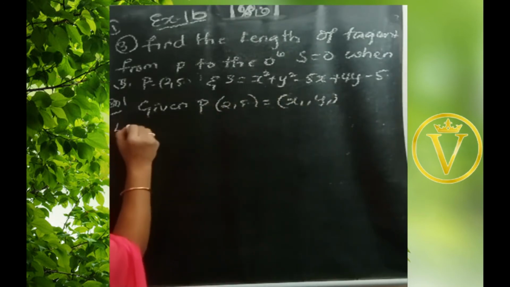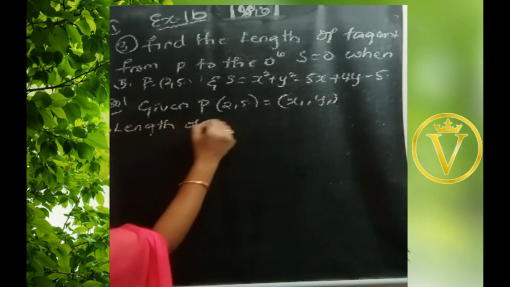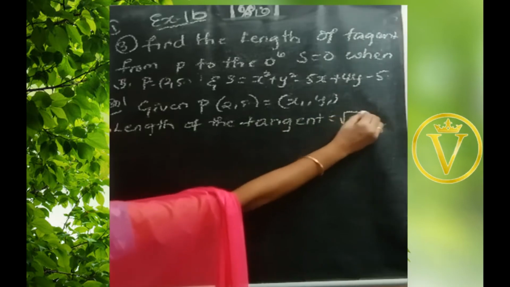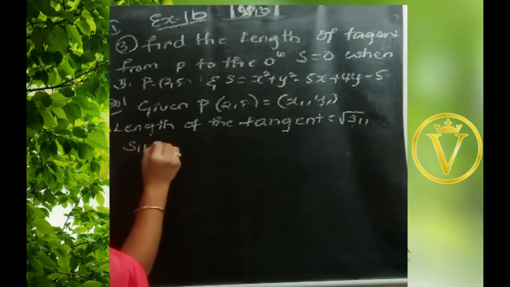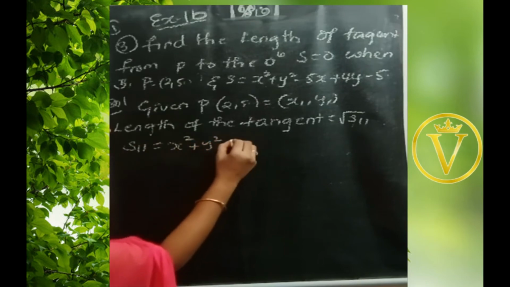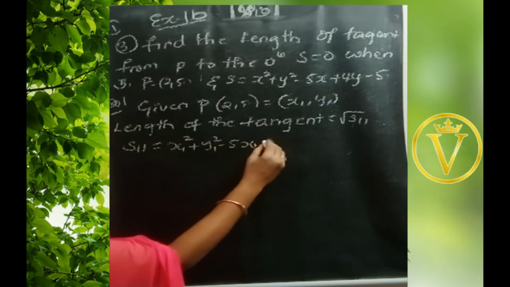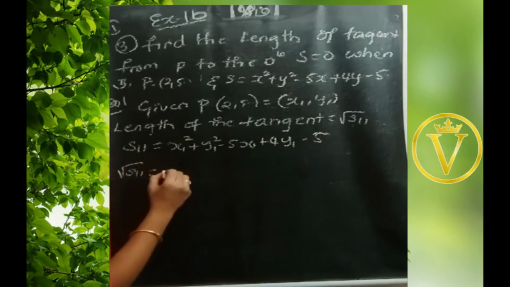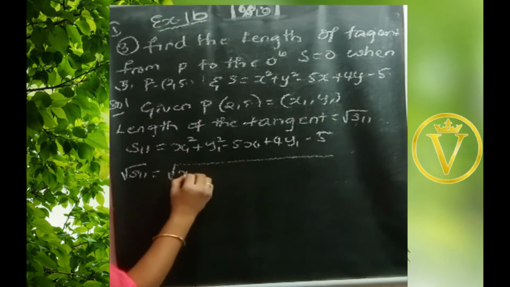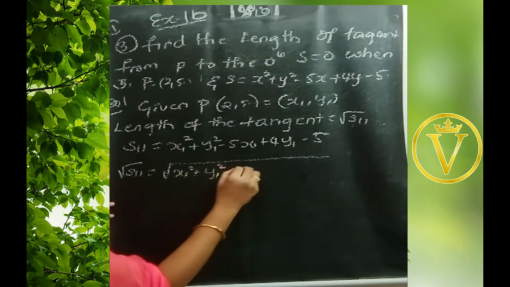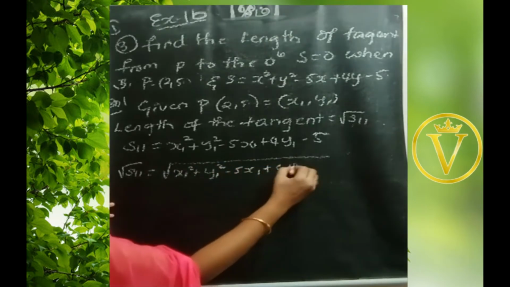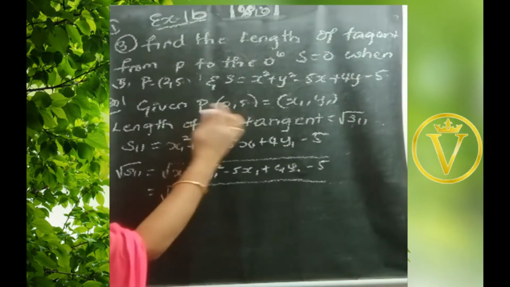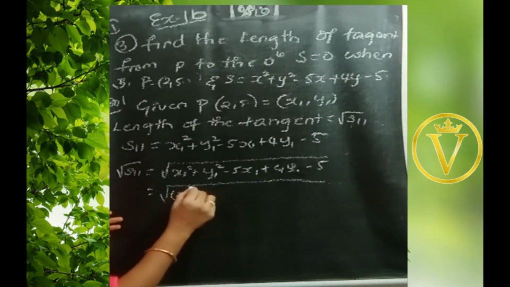Now length of the tangent equals root S11, x1 square plus y1 square minus 5x1 plus 4y1 minus 5. So now substitute 2, 5 in x and y.